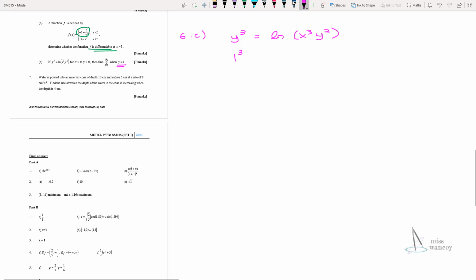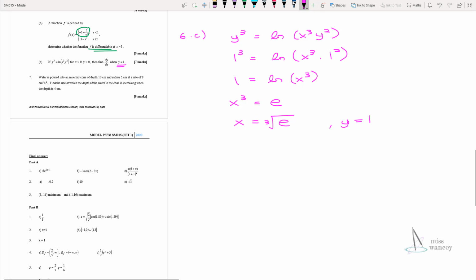So 1 cube is equal to ln of x cube multiplied with 1 square. So 1 is equal to ln of x cube. Therefore, x cube will be equal to e. x will be the cube root of e. So x is the cube root of e, y is equal to 1.